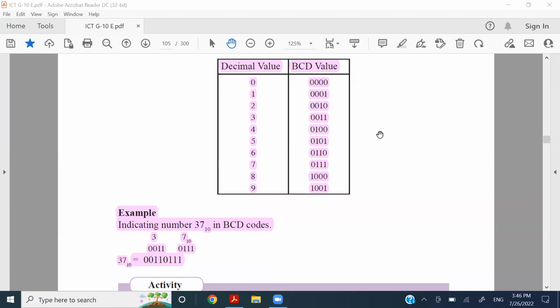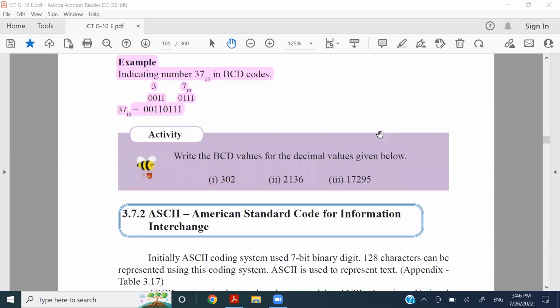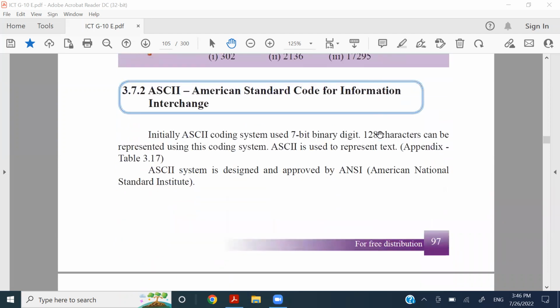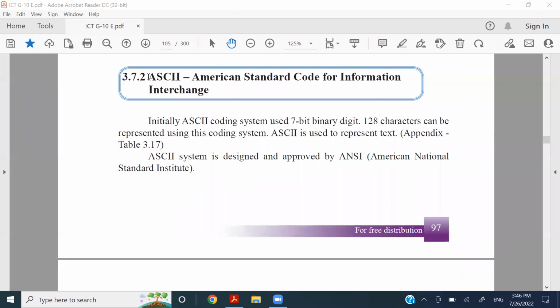Right, okay. So moving forward, let's write about the ASCII as well.